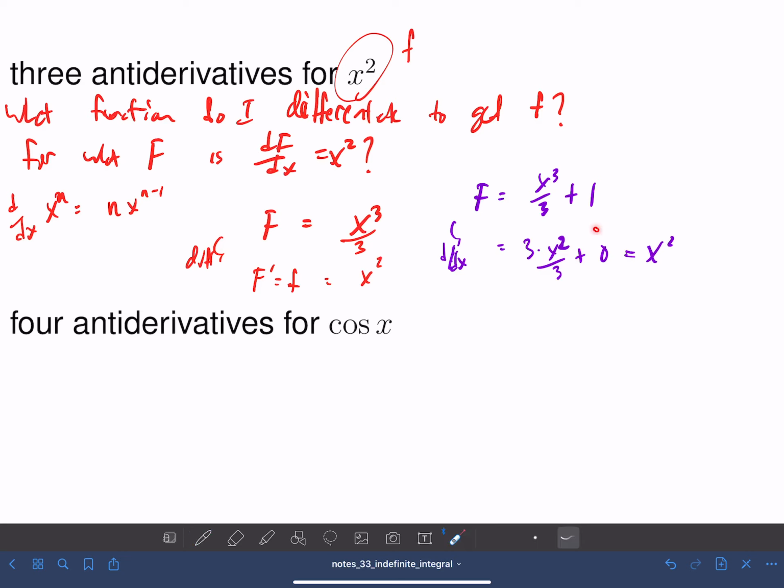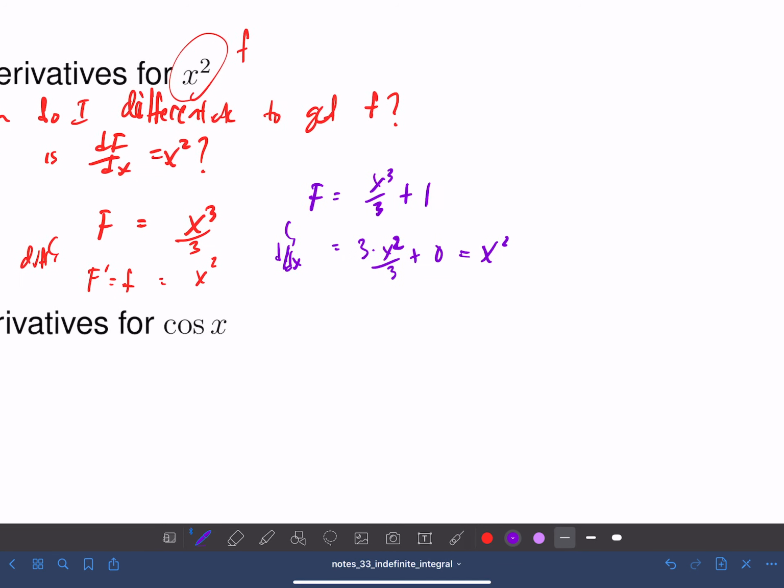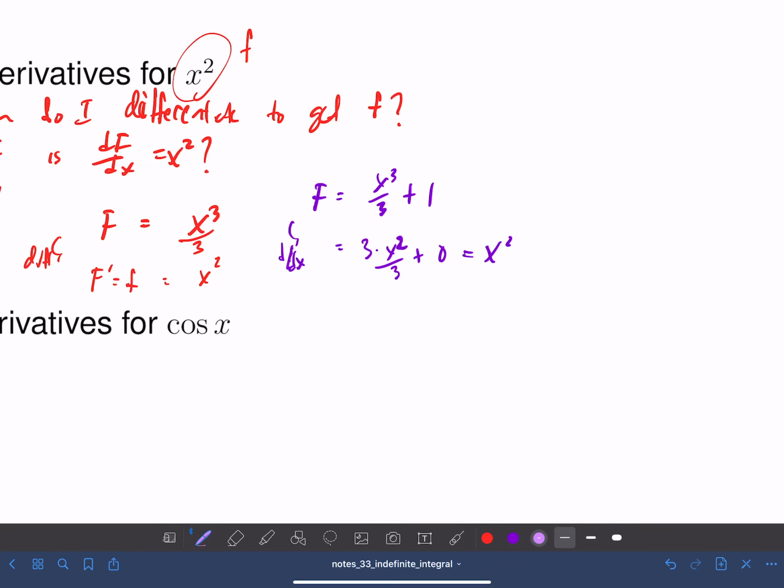Okay, there was nothing special about that one, so let's try another one. Let's try letting capital F equals x cubed over 3 plus pi. Then lowercase f, which had better be equal to capital F prime, is going to be 3 times x squared over 3.